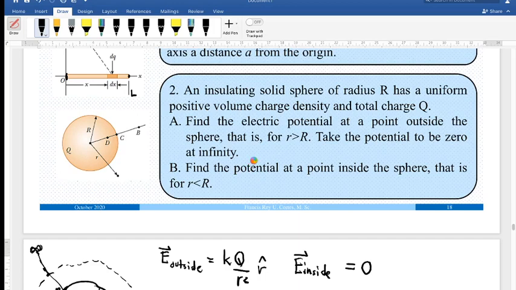This is actually using Gauss's law, so we can calculate it using Gauss's law. I will give you how to calculate this step by step, starting with the electric field outside, then the electric field inside, then the potential.